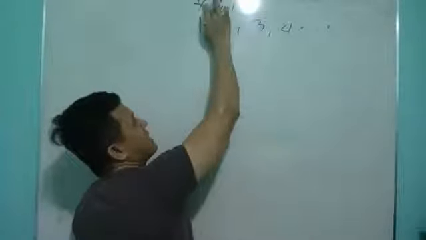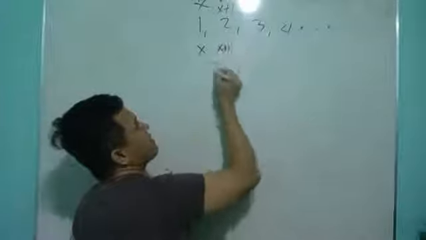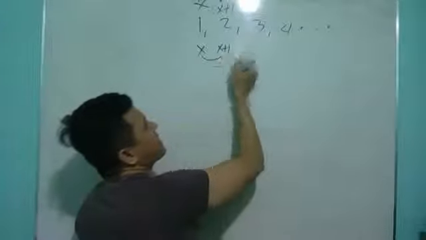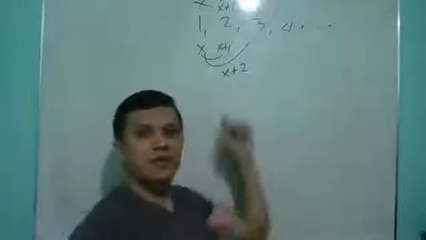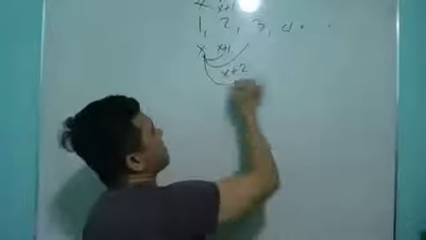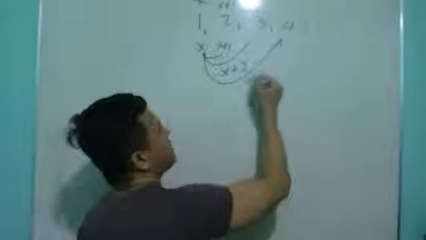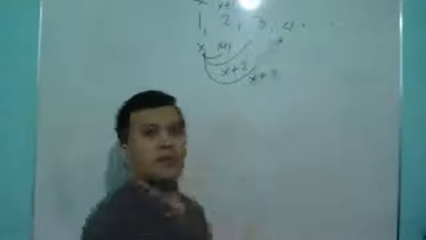With reference to x, 3 is x plus 2, because if x is 1, plus 2 is 3. And 4 is x plus 3, because 1 plus 3 is 4.